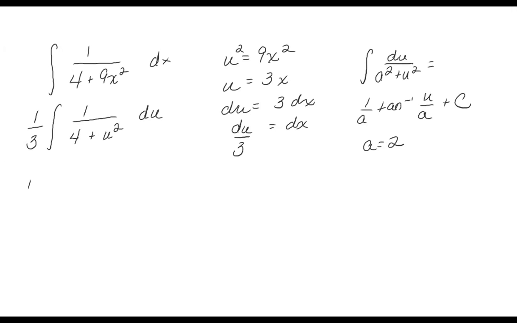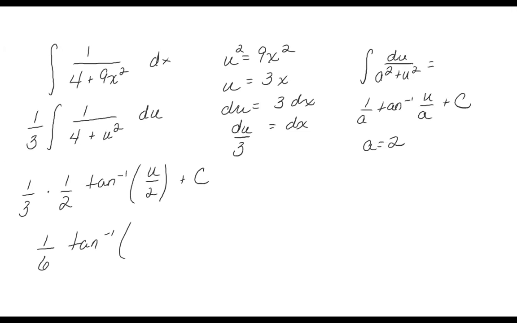I can say 1/3 times 1/2, that's my 1 over a, tangent inverse u over a, u over 2 plus c. And then plug back in my u value, which was 3x.